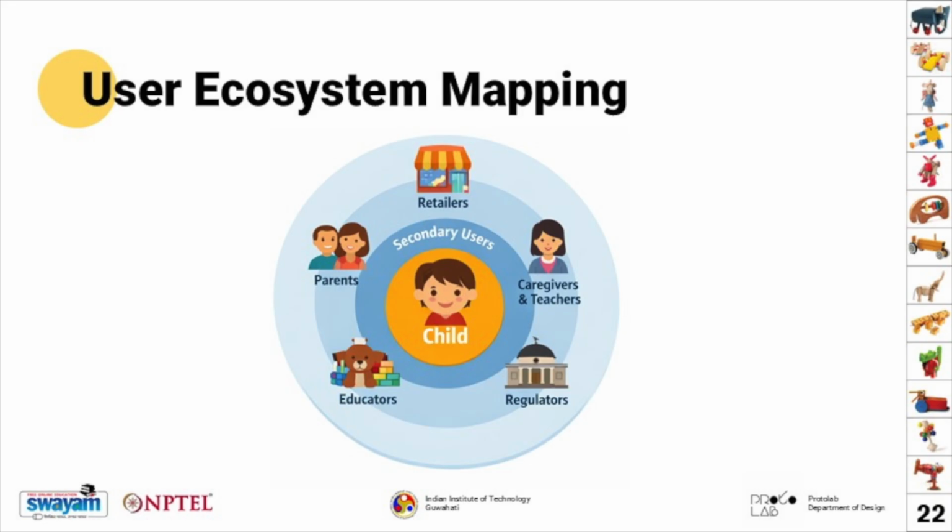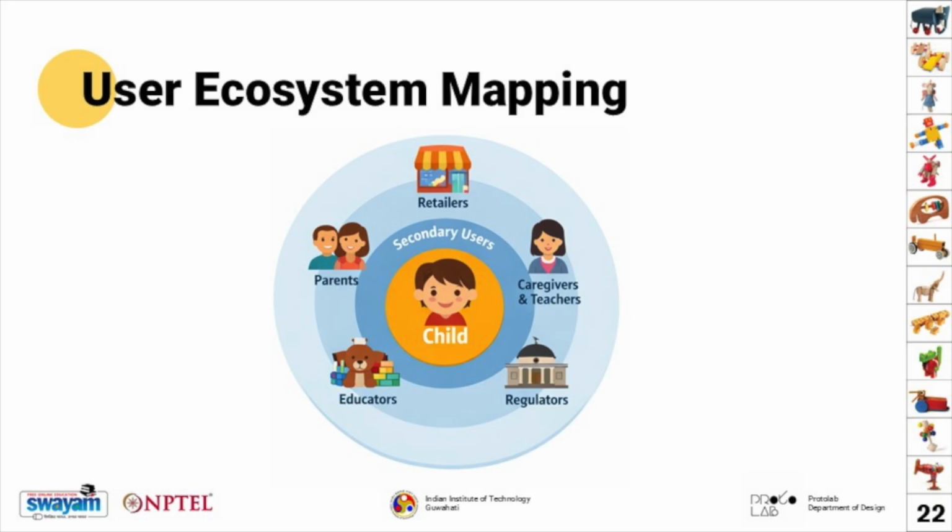Each layer influences the toy in a different way. The closer the user is to the child, the more emotional the influence. The further away, the more structural the influence.